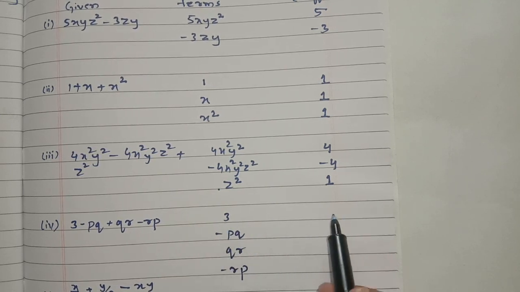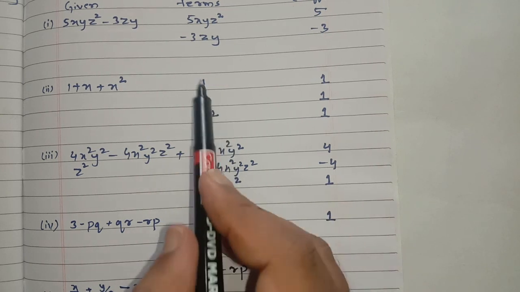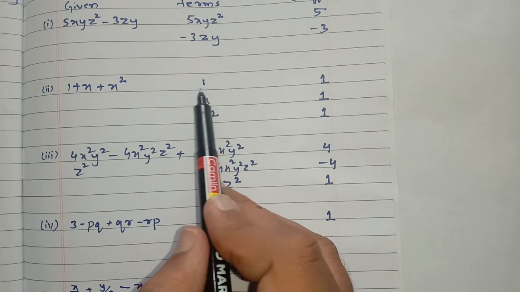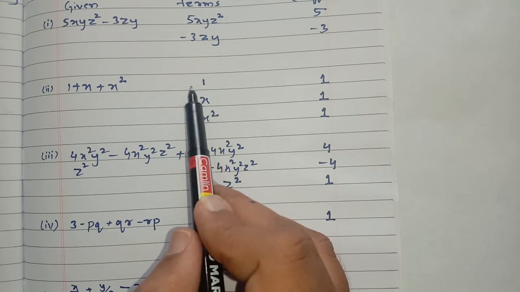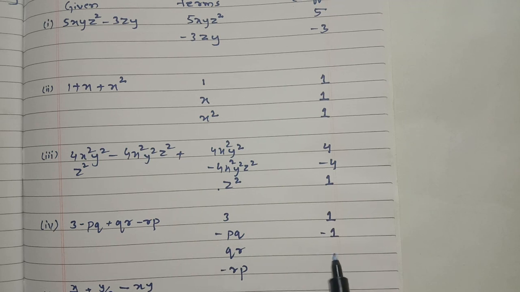Here the coefficient of 3 is 3, student, as I said. If the coefficient is not written before a constant, you can write it as 1 into 3. Again you will get 3 only. Coefficient of pq is -1. The coefficient is not mentioned, means it will be 1. Coefficient of qr is 1. Coefficient of rp is -1.